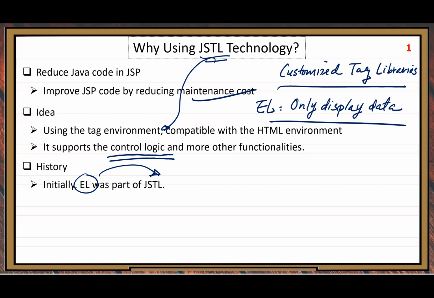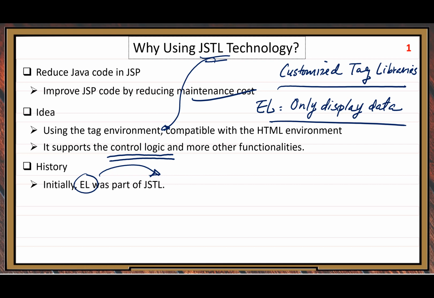But that technology was available inside JSTL. People use that part and I like it a lot. Very convenient. But at that time, this feature relies on JSTL. If you do not include JSTL libraries, you cannot use this feature.